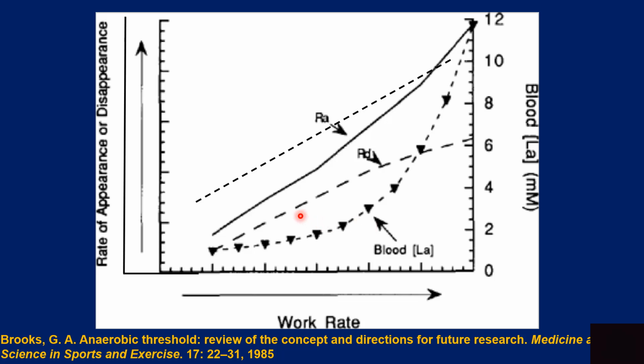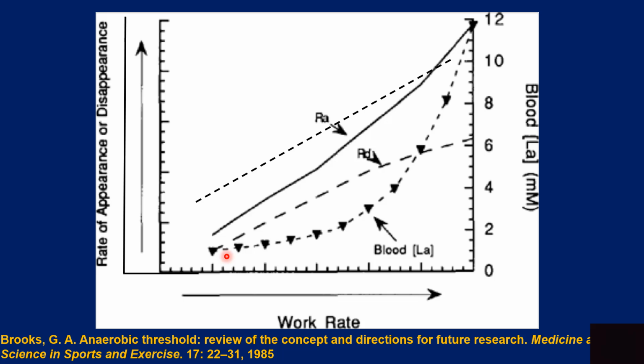But what we have to understand is that the relationship between external work and blood lactate is actually a function of what we call the rate of appearance and disappearance of lactate. That is, that muscle cells are producing lactate, and in particular it's the fast twitch fibers which are producers of lactate, and slow twitch fibers act as consumers of lactate.